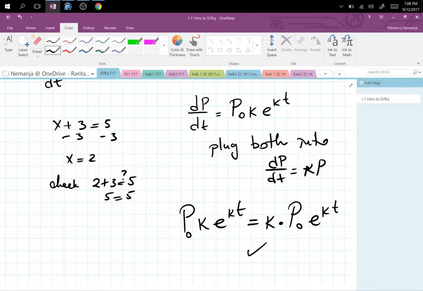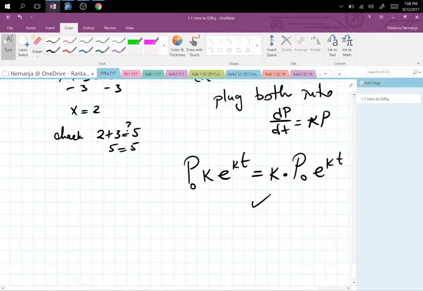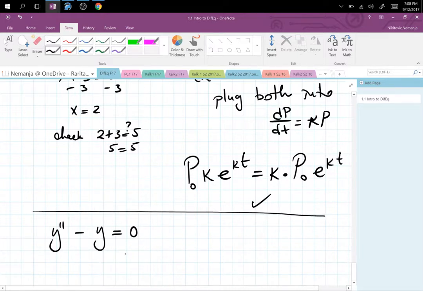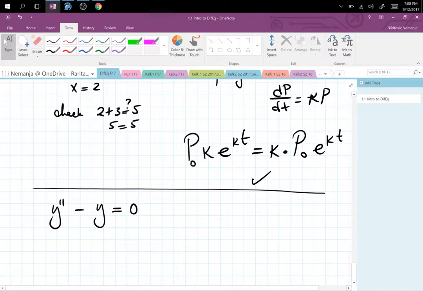For the second degree equation, it's going to take a little bit more work. So say you have y'' - y = 0. Say this is the equation. Clearly it's a second order equation.